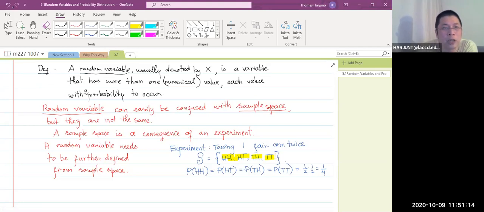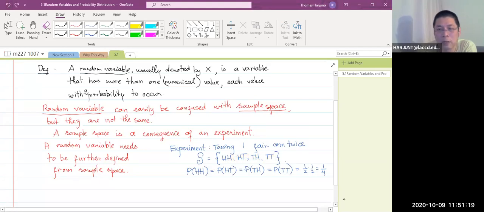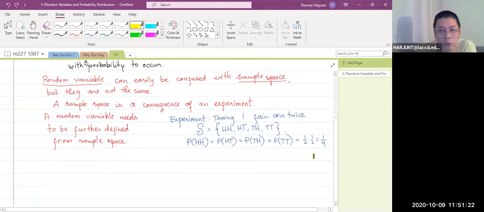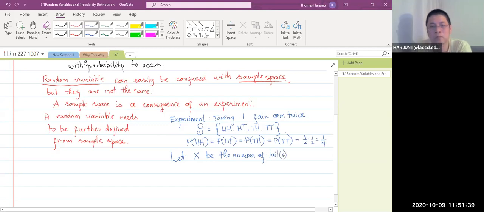So what do I mean that you need to further define the random variable? It depends on what you want to measure. For example, let X be the number of tails that occur. When you do an experiment of tossing a fair coin twice, you want to see the possible number of tails.